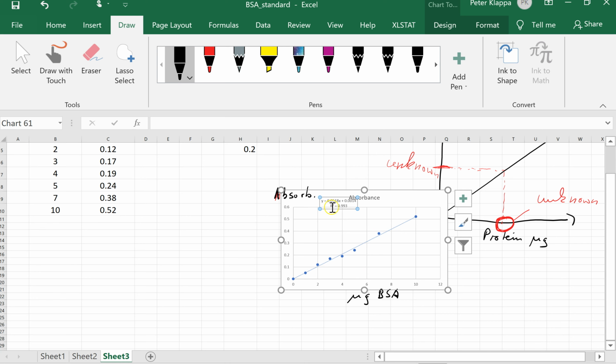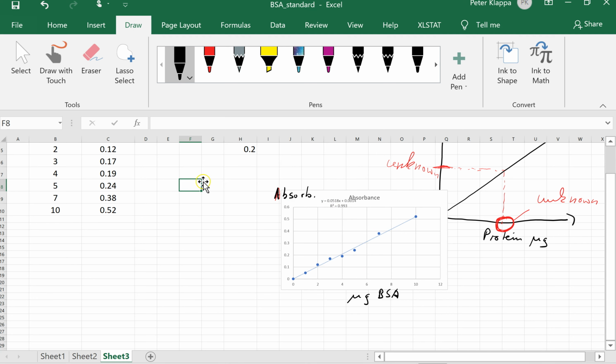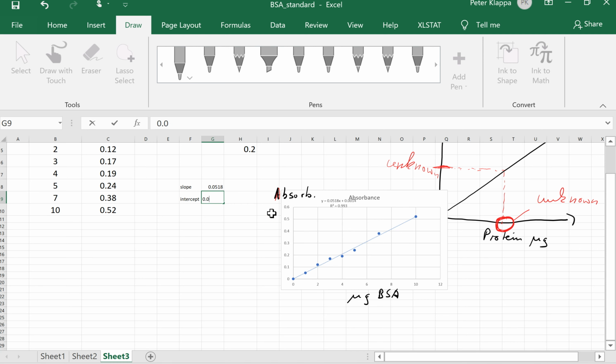And what we see is that the slope, let me write this down here, the slope, this would be 0.0518, and the intercept for our trend line would be plus 0.0014.